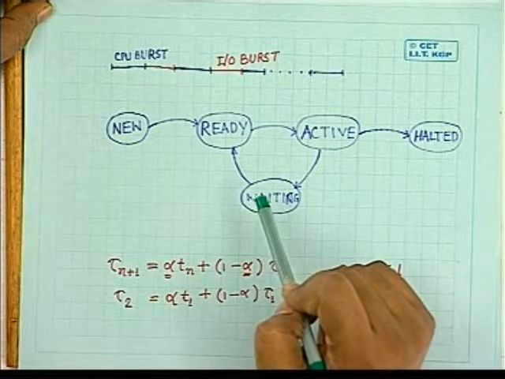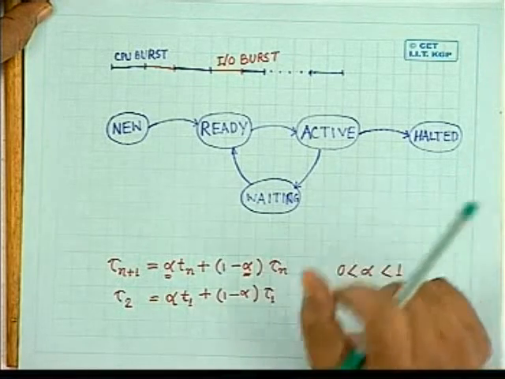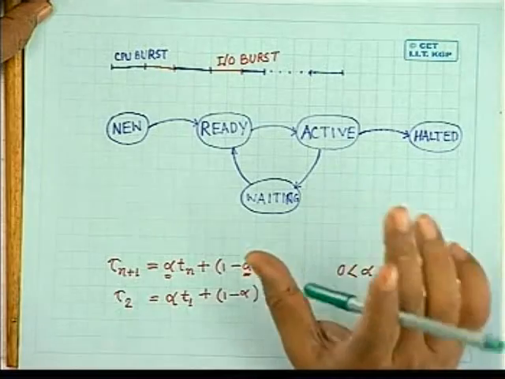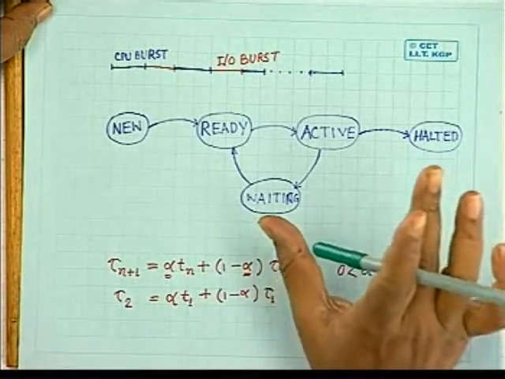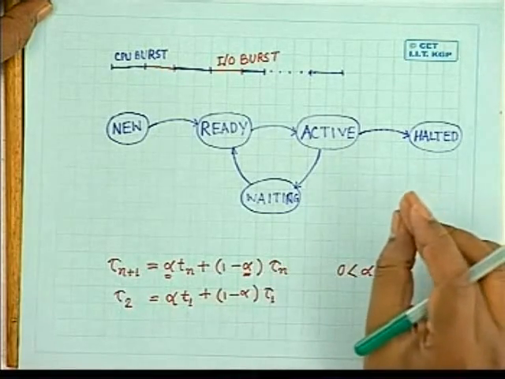Because a job requiring a CPU burst time of say 5 milliseconds has been executed for 1 millisecond. After that, the job has been preempted. That means it needs another 4 milliseconds of CPU time for completion of its CPU burst. So even for that remaining CPU burst time, it has to be in the ready queue.